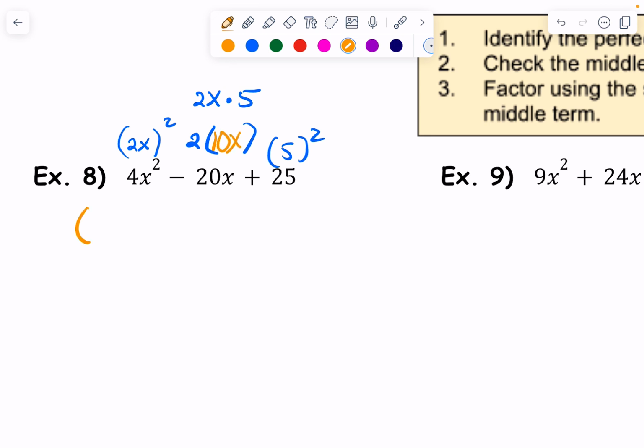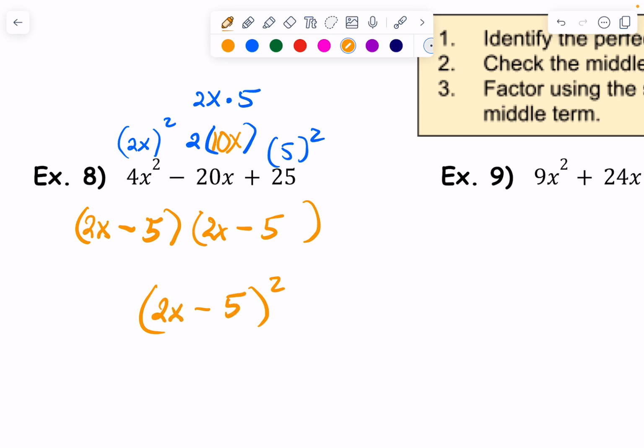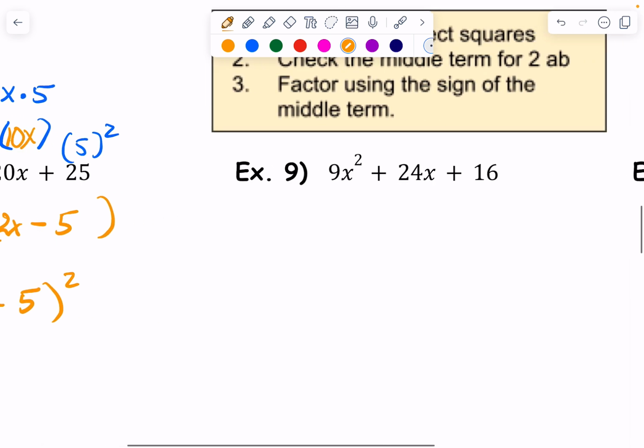So as soon as I see that, I can make 2 of the same thing with the same sign. You can either write it like this, or you can write it like this. The first thing that was squared was the 2x, and the last thing that was squared was the 5. Remembering, if we have 2 of the same sign, then that's the sign in the middle.